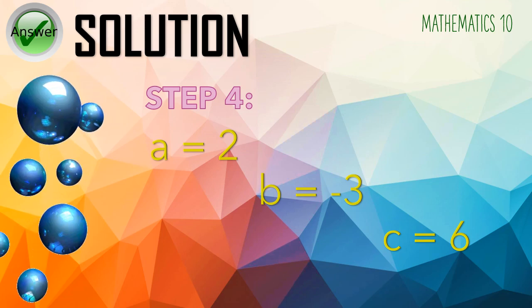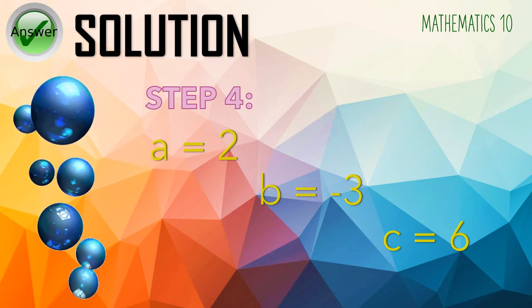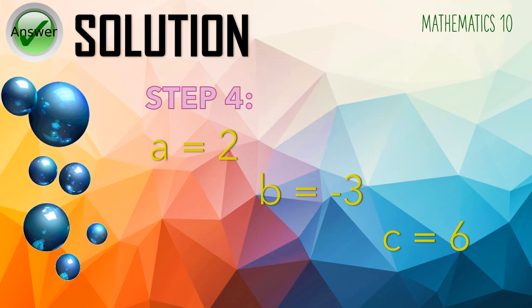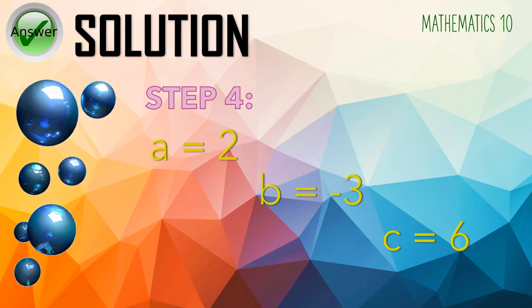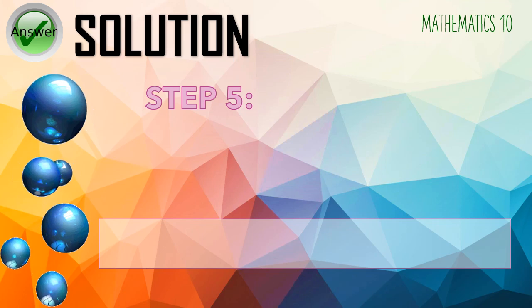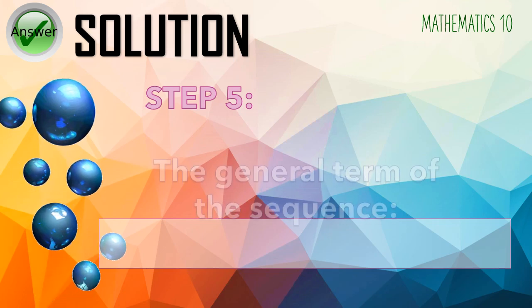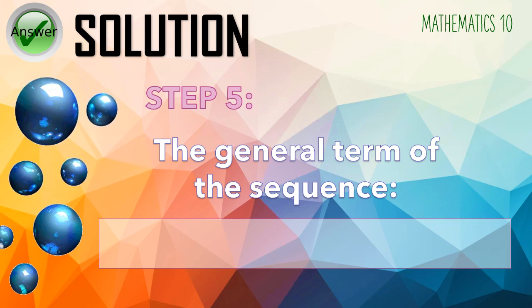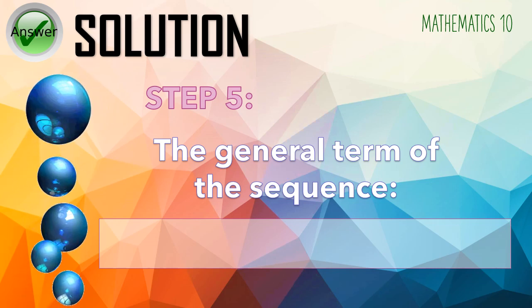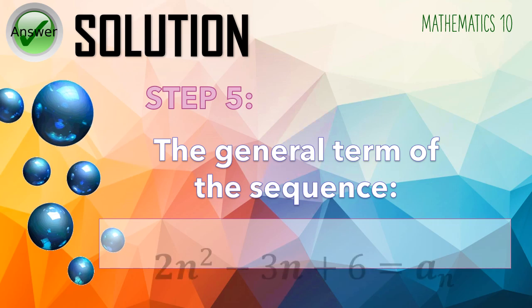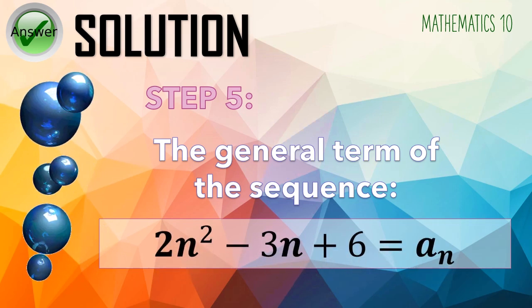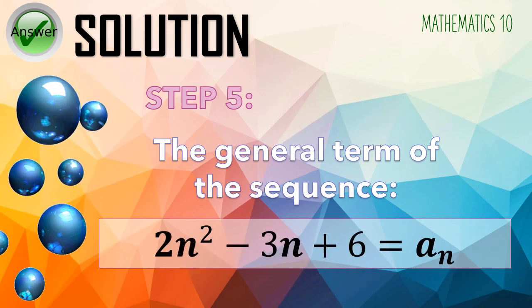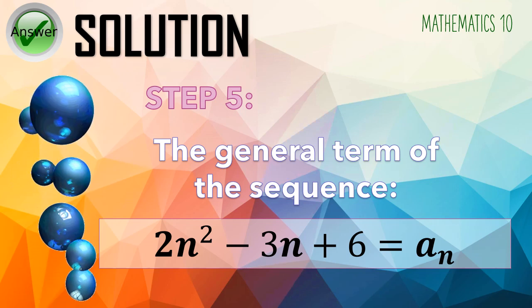Since we have our values for the 3 variables, we can now proceed to step 5. For step 5, simply substitute the values of a, b, and c in our general term. So our answer will be 2n squared minus 3n plus 6 equals a sub n.